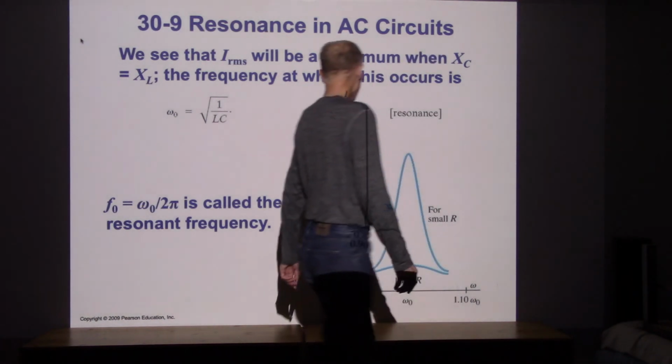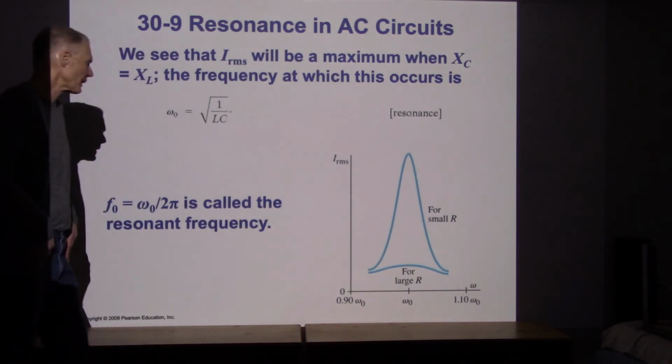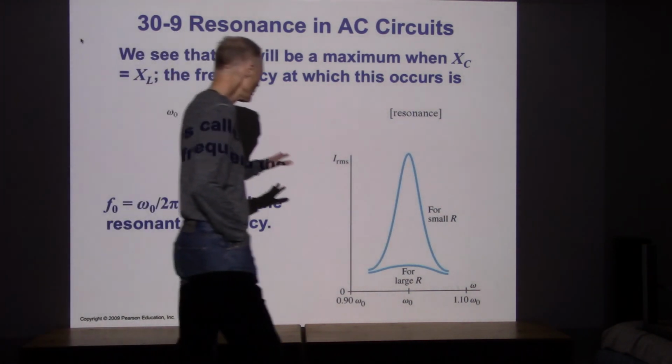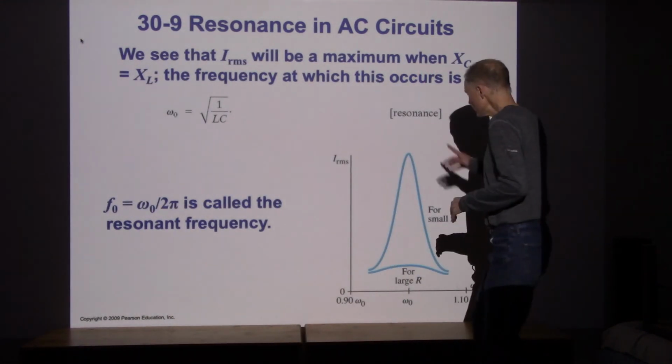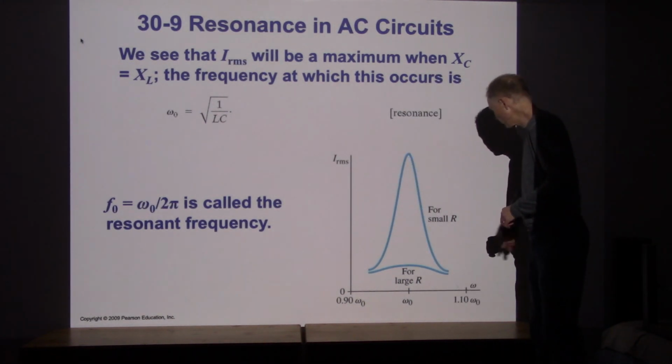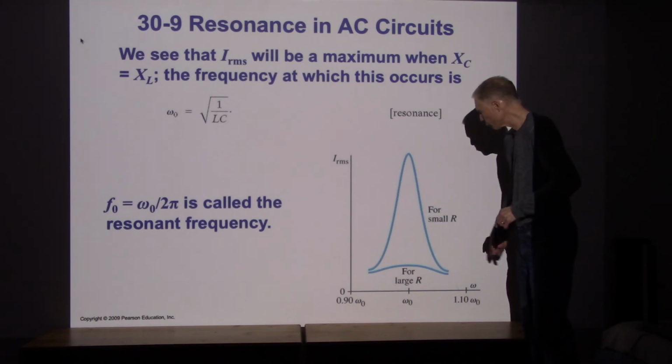Now this is a graph. It's showing what happens when you vary the frequency. So if you notice here, this is IRMS on this vertical axis. And what we're doing is we're varying the frequency back and forth.